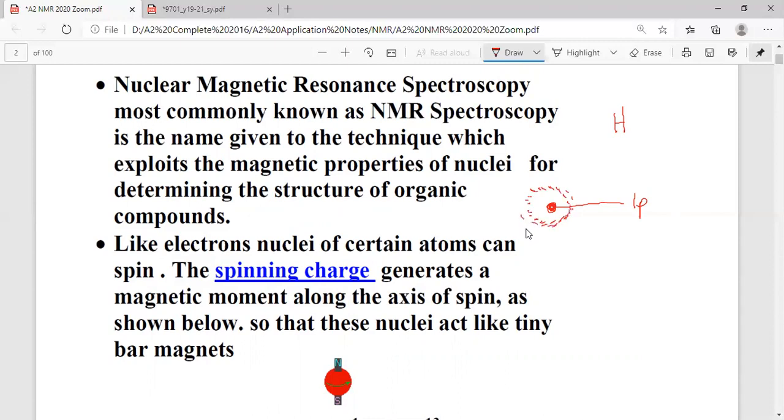Now remember there's 1 electron here. An electron has a spin, isn't it? Spin up and spin down, or spin clockwise and spin anti-clockwise. Remember you put like a 1s2, so you put the spin up and spin down. Protons also can have a spin.